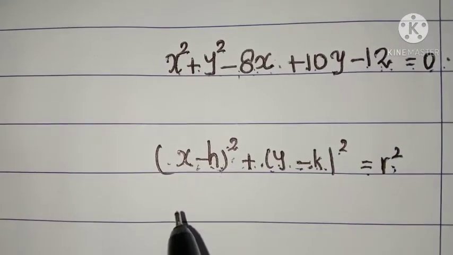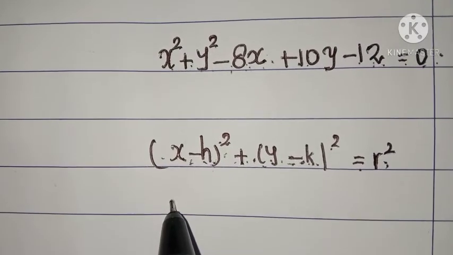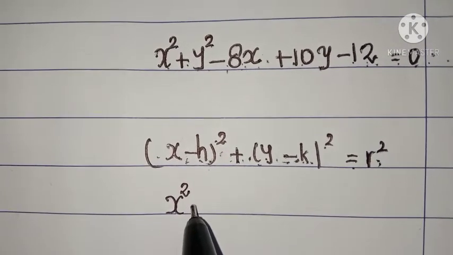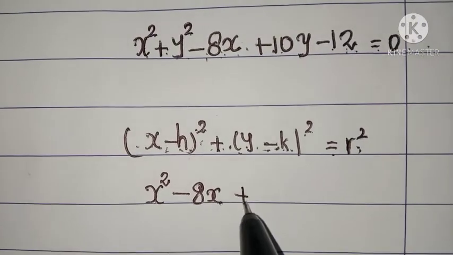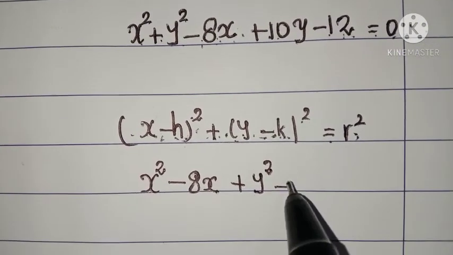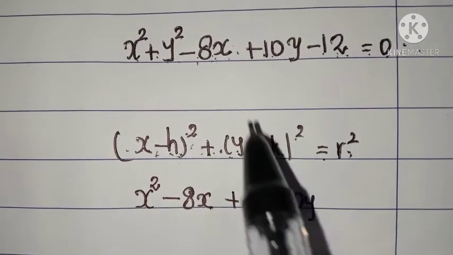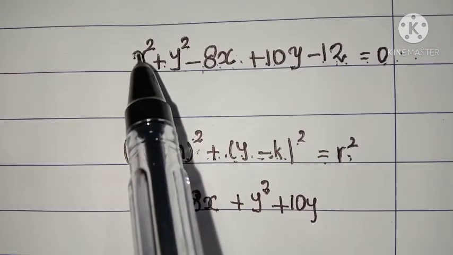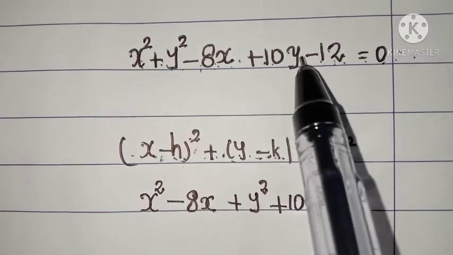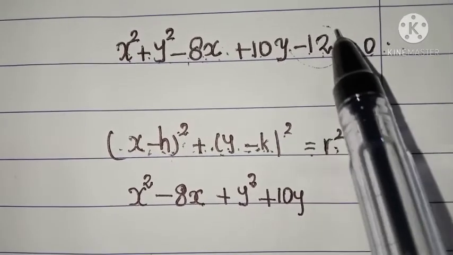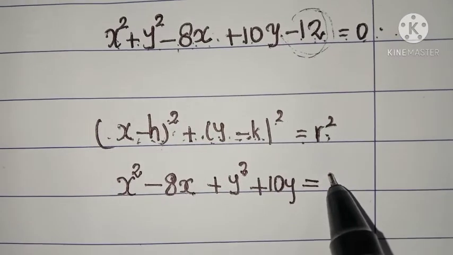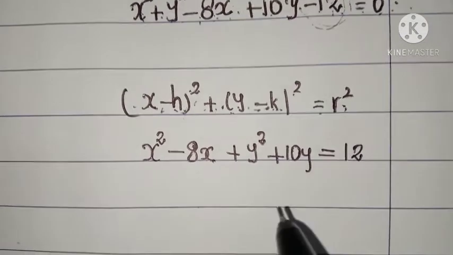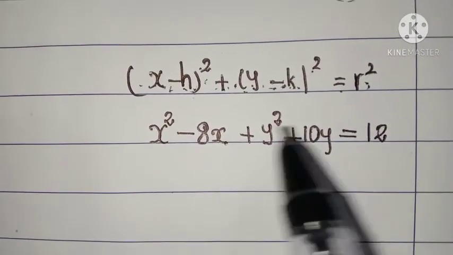For this, listen, the first step is to collect x terms together, that is x square minus 8x, then y terms together, y square plus 10y. Write x terms together, then y terms. See here minus 12 is a constant number. So take this minus 12 to the right side. So this becomes plus 12. So this is the first step.